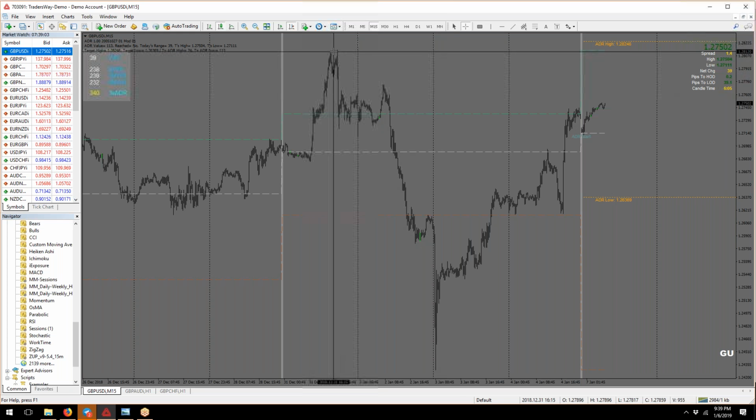Peak high, measure to the peak low. How many points do I have there? The pattern, the ADR. I have 383 points. What did it do after 3 times the ADR was exhausted?